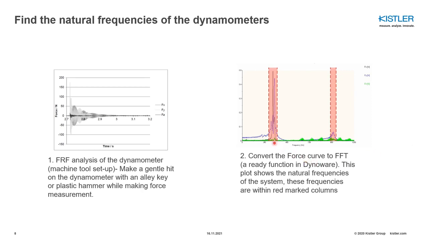As you can see here, now we have converted this, so we have certain frequencies, the natural frequencies of the system, represented here with the red areas. So this means that our system has a natural frequency at that frequency, as you can see here.